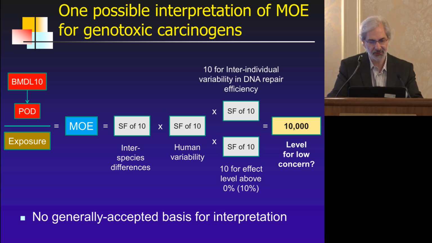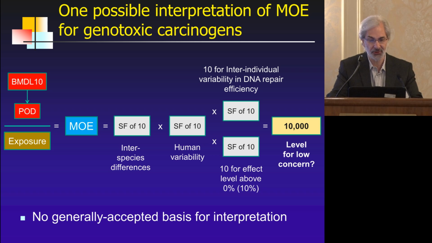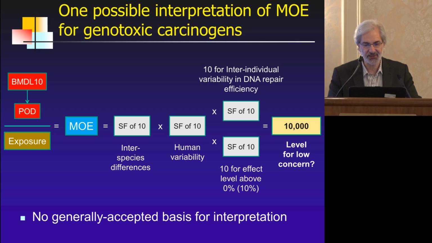And they argued that if you start with the animal BMDL10 for the cancer endpoint as the point of departure, you divide by the exposure, you get the margin of exposure, and if it's greater than 10,000, you're allowing 10 for interspecies differences, 10 for human variability, an additional 10 for variability in DNA repair efficiency, and 10 for the fact you're using an effect level of 10% as opposed to 0%. And that will reach 10,000, which is a level for low concern.